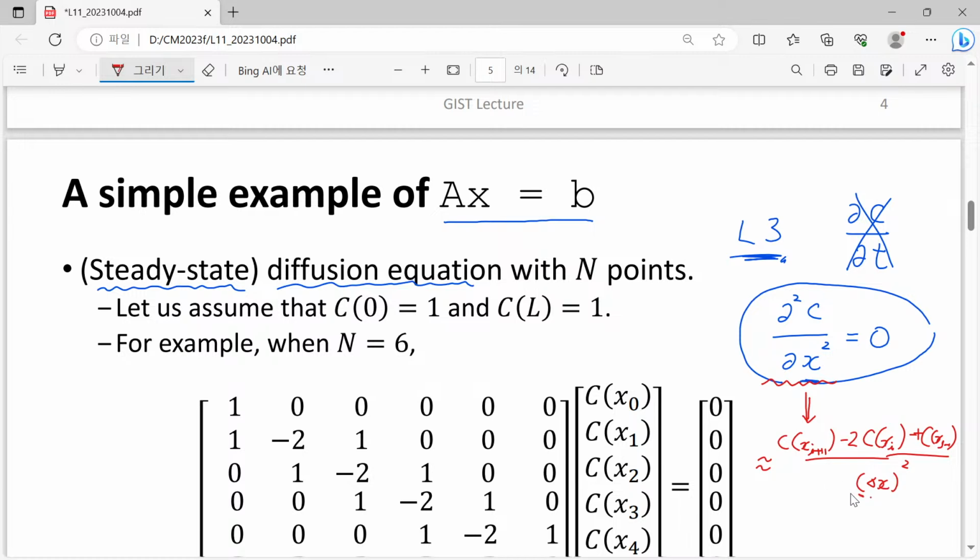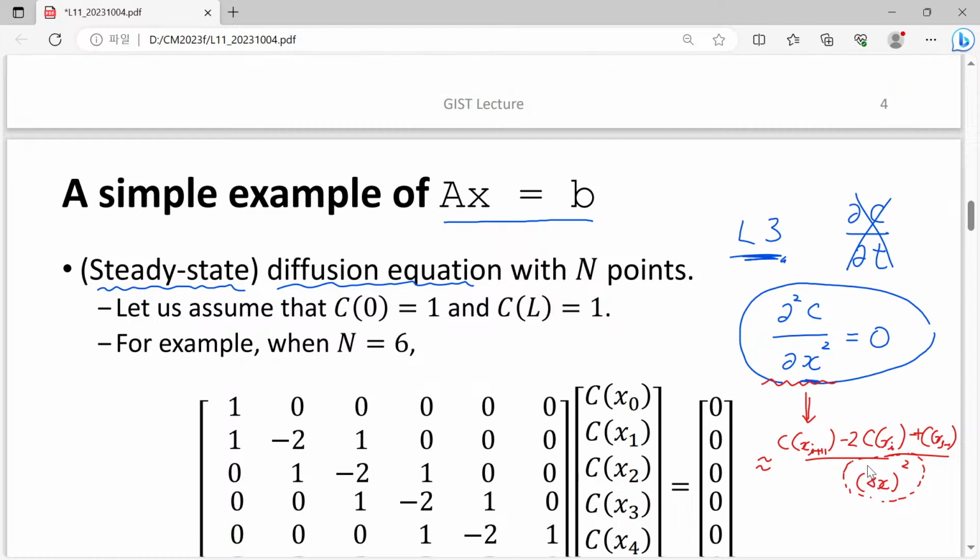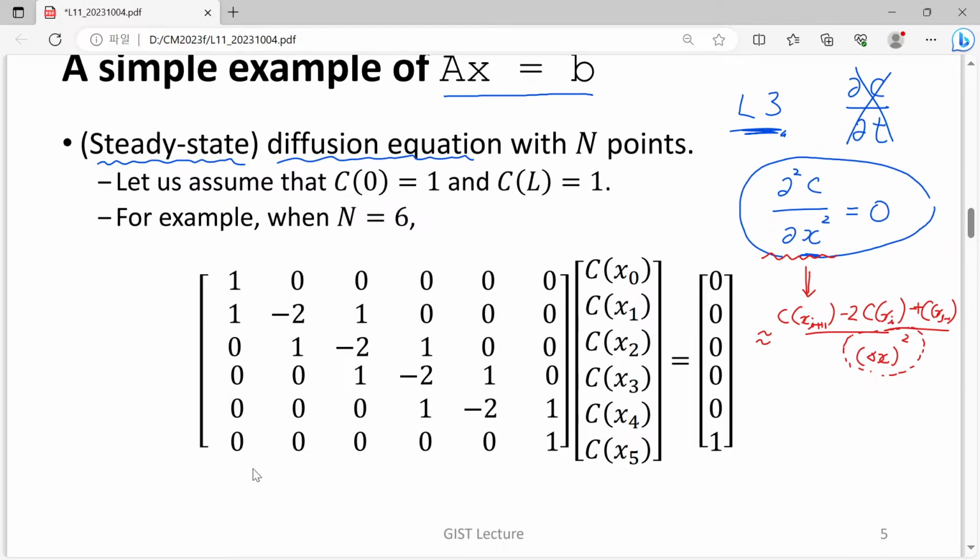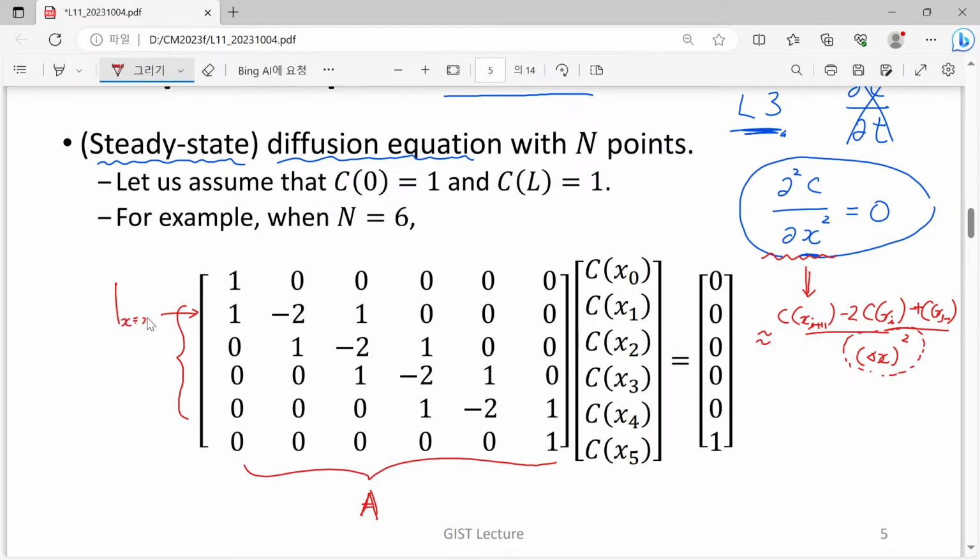Of course, this delta x squared can be eliminated from the left hand side and right hand side, and eventually we have a matrix corresponding to this second order derivative. That is just related to the non-boundary rows. This row shows that the second derivative evaluated at x equal to x1 is 0.